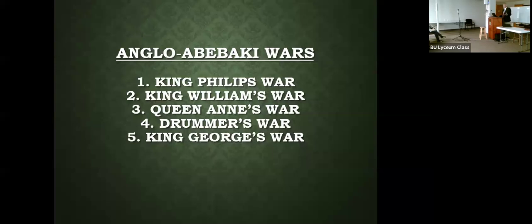Now, the other part of this is to let you know of the different names that are applied to all of these different conflicts. When you start looking at the histories, you'll find yourself coming up with Castin's War, and you think, well, who the heck was Castin, and what war was that?